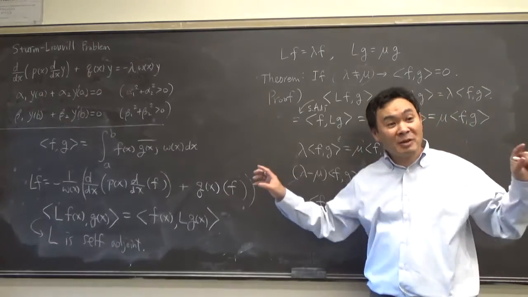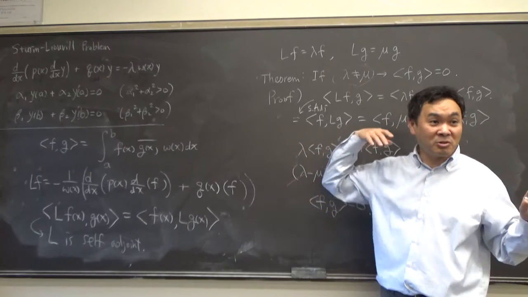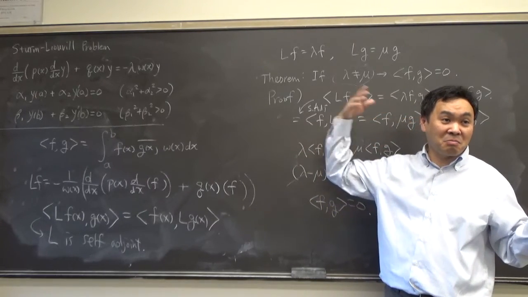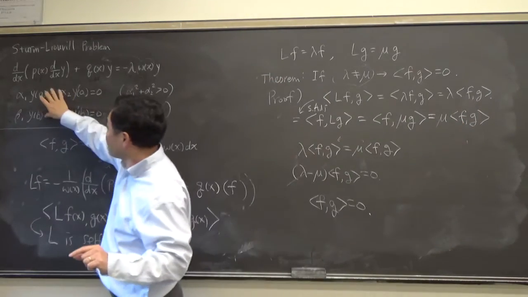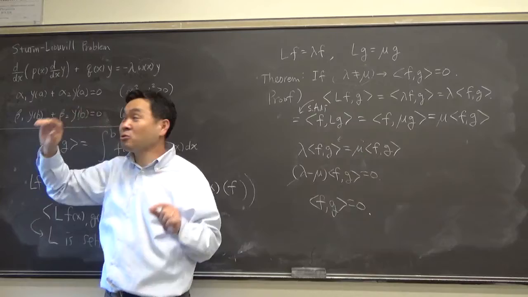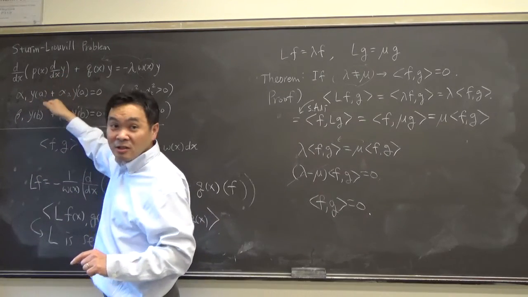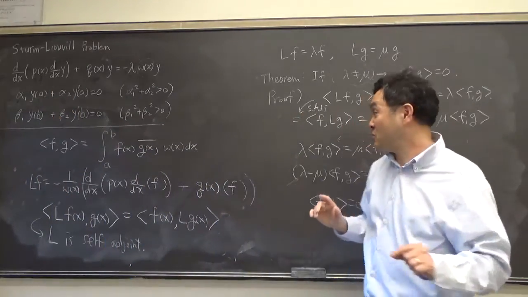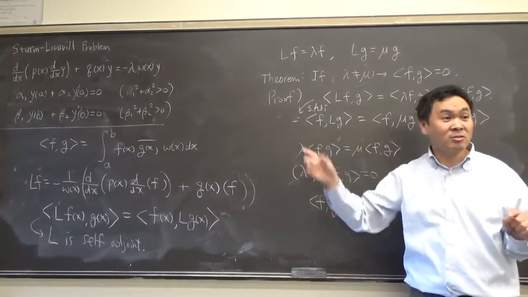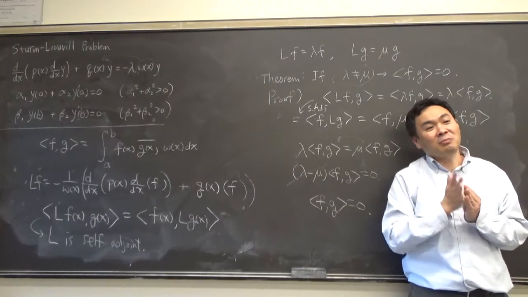You have infinitely many of them, but any other vector would be a linear combination of these. So if it's L2 and it satisfies these two conditions, we don't care about this one, if it just satisfies these two, then that can be represented as an infinite series of these eigenvectors. That's called completeness. You're not missing anything.